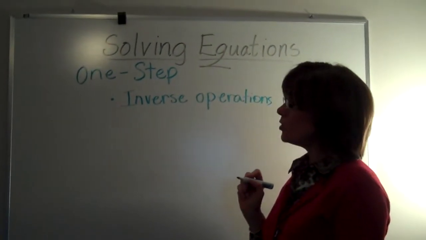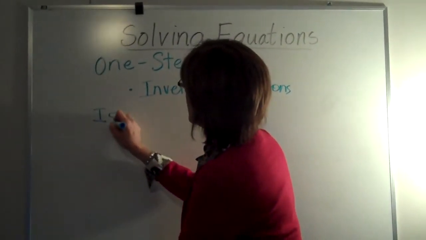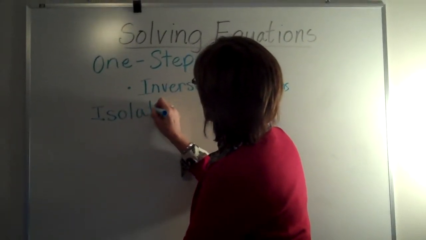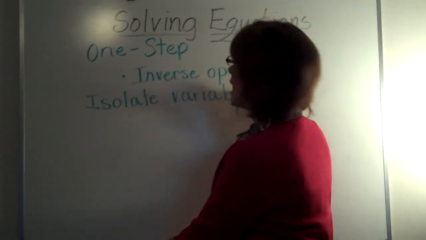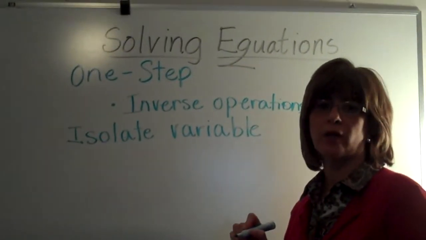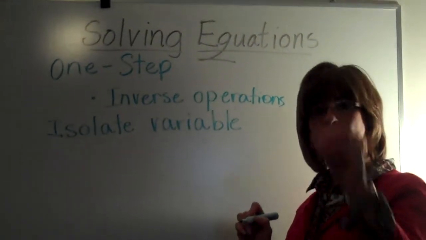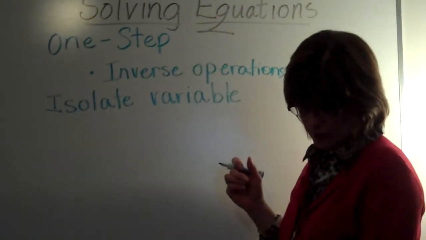So our goal in solving equations is to always isolate the variable. It doesn't matter how many operations we have to perform. We always want to isolate the variable, which means we want to get the variable by itself on one side of the equals and an answer on the other side.